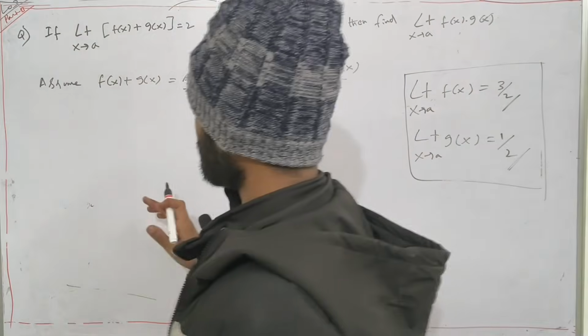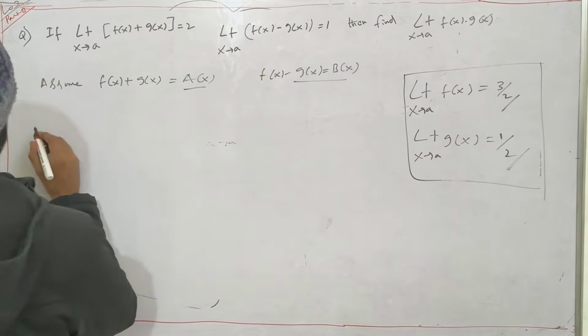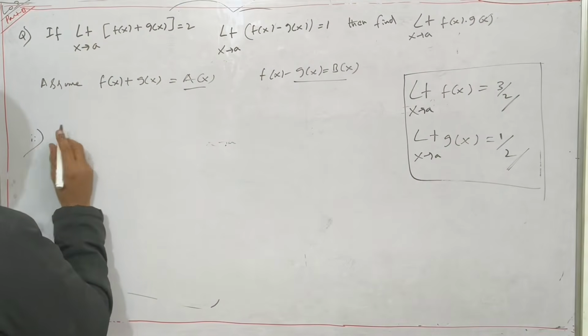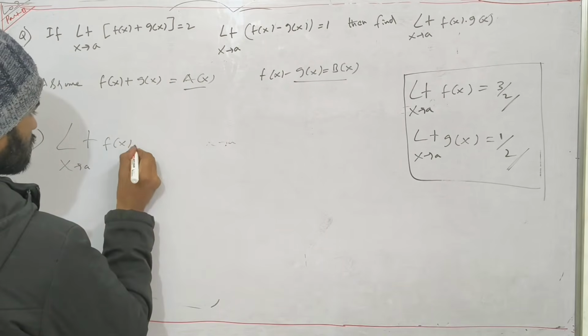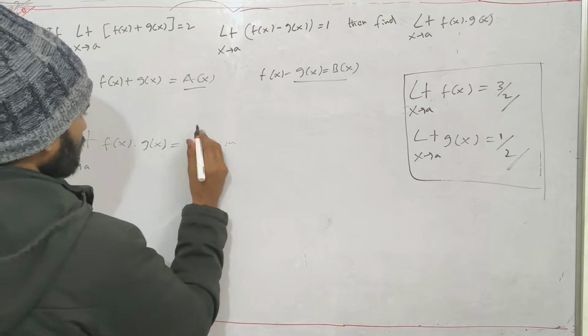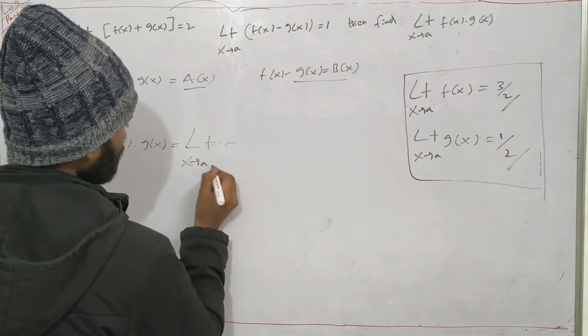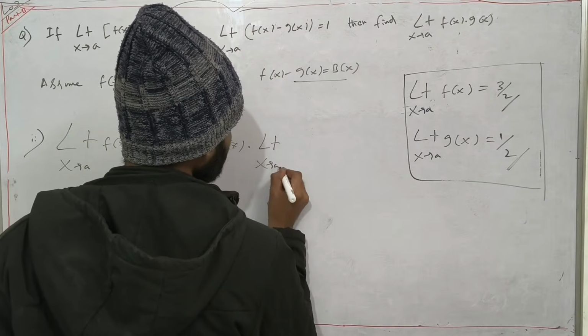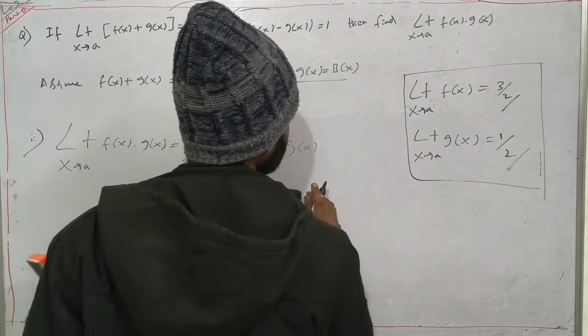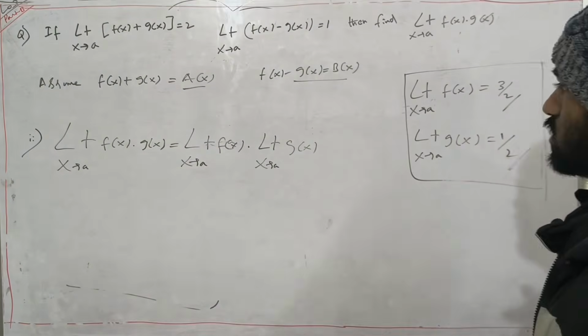Again I want to use a rule now. What is the second rule? Limit x tends to a of f(x) into g(x) equals limit x tends to a of f(x) into limit x tends to a of g(x).